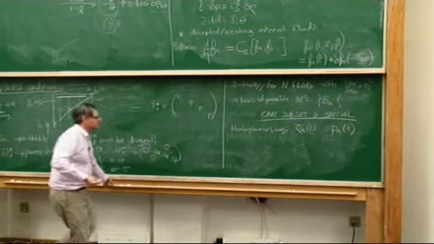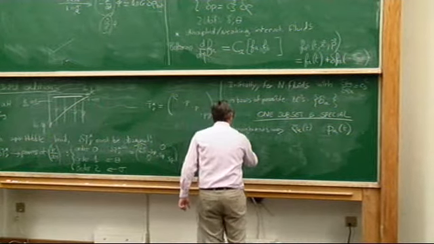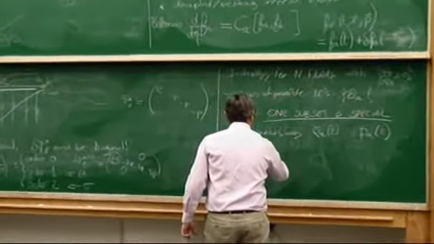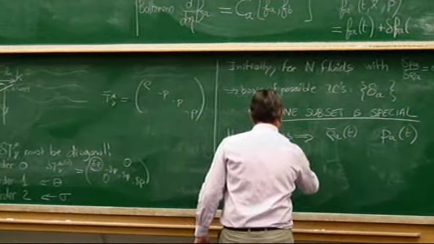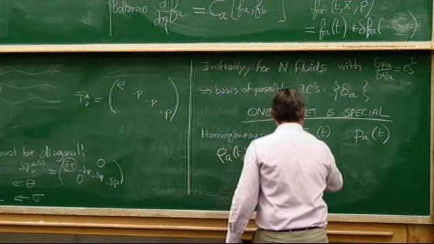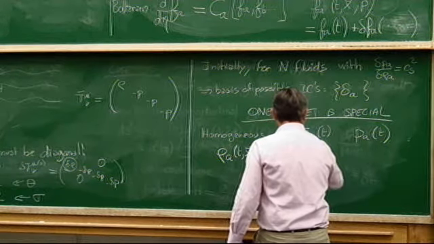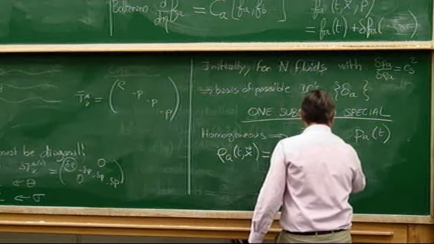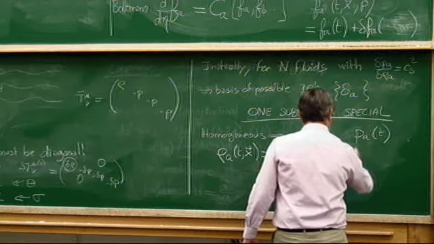Which means that, for instance, rho A of t and x is equal to rho bar A of t plus delta t of x.